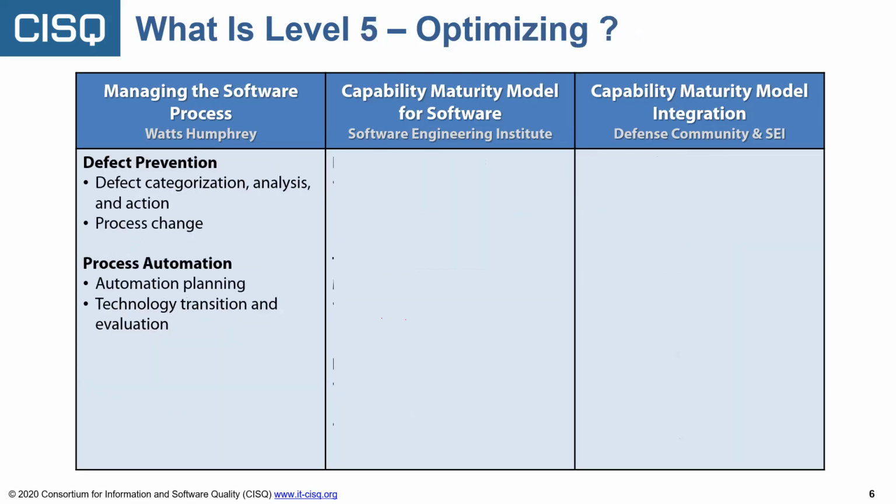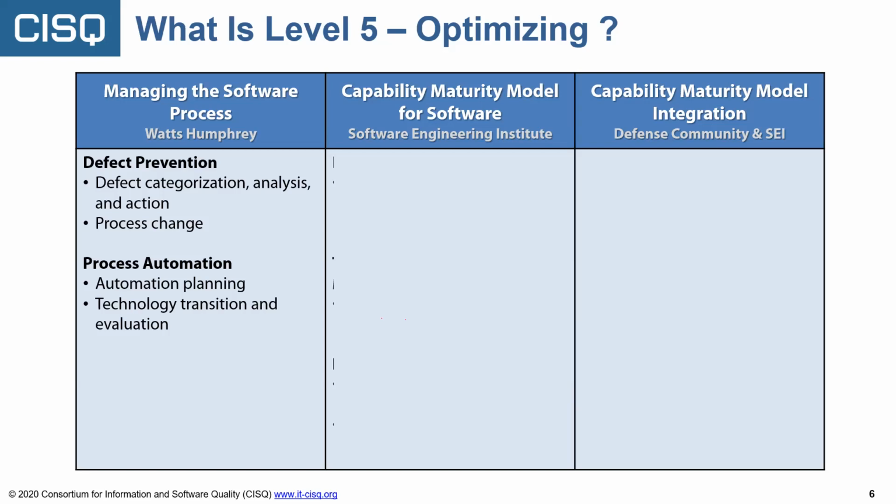And at level 5, Watts had his split between defect prevention, which is really the big thing he talked about. There was a chapter I'll show you in a minute on process automation in the section of the book where he talked about level 5, but he had a lot of other chapters in that section that weren't about levels at all.